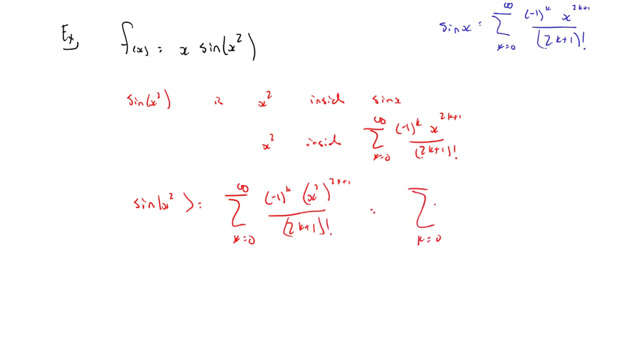So hang with me. We still have this alternating. We still have a 2k plus 1 factorial. But now we have x raised to the 4k plus 2. Then, if we want to find x times sine of x squared, isn't that just x times this series?